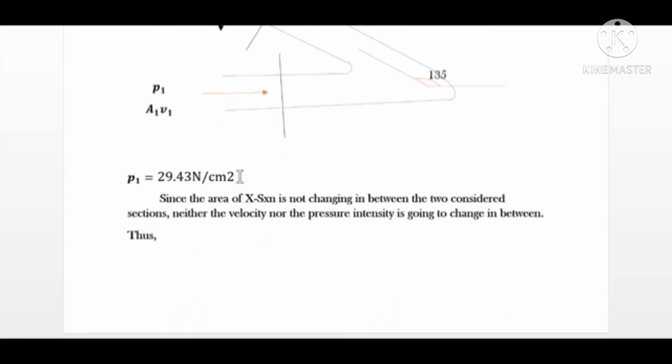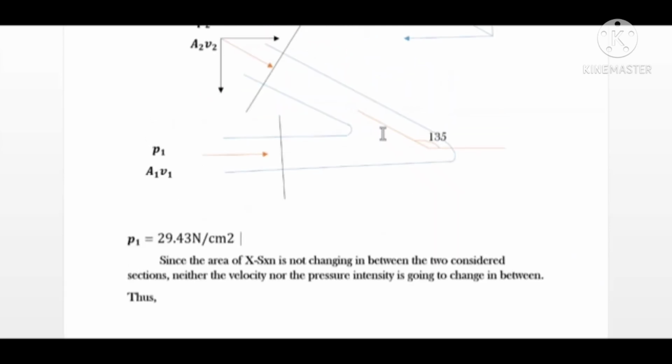Now the pressure is 29.43 Newton per centimeter square, and that is going to be constant throughout the pipe bend because our cross-sectional area is not changing. If the cross-sectional area changes, we have to calculate the pressure P2 at cross-section 2, and that we can calculate using Bernoulli's equation.